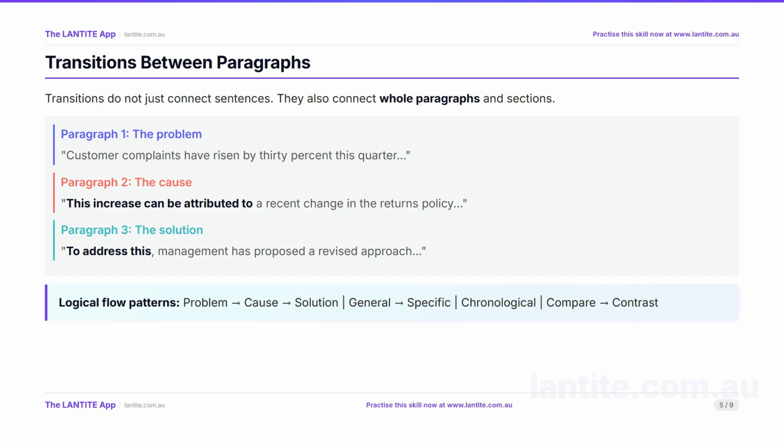Paragraph 2 opens with "this increase can be attributed to," which is a causal transition linking back to the problem. Paragraph 3 opens with "to address this," which signals we are moving to a solution. The overall flow is problem, cause, solution. Other common flow patterns include general to specific, chronological order, and compare then contrast. Recognizing these patterns helps you both as a reader and a writer.